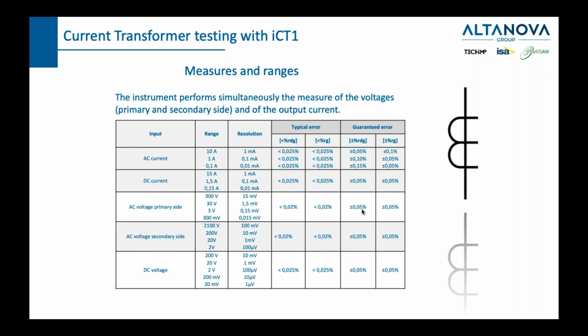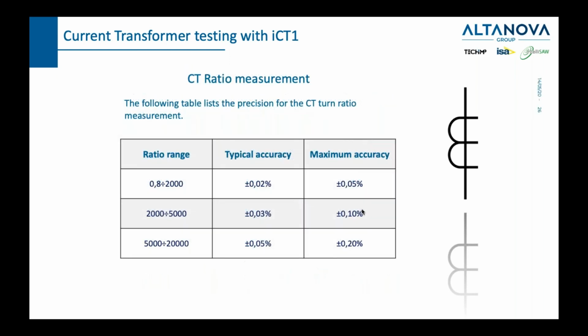Now, when we do a combined measurement like ratio, we need to generate and we need to measure. Again, we have a typical accuracy of 0.02 up to 0.05, depending on the range ratio. And there is a maximum accuracy, which is between 0.05 and 0.2.